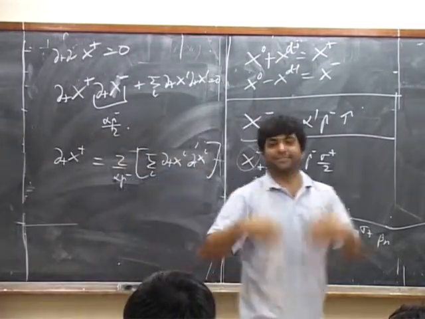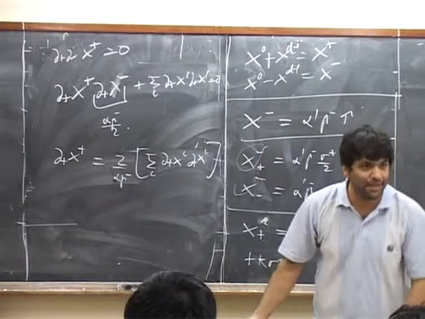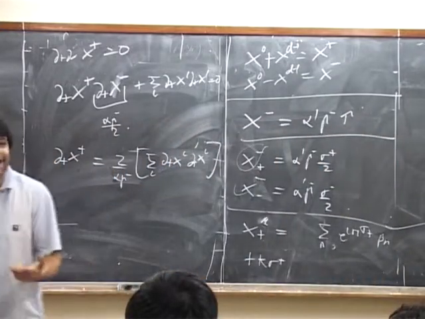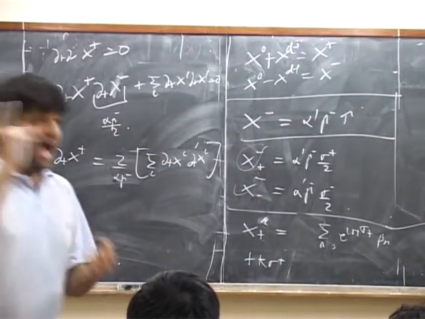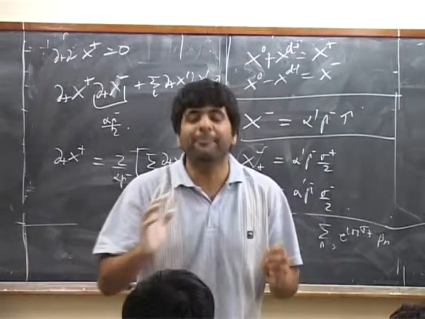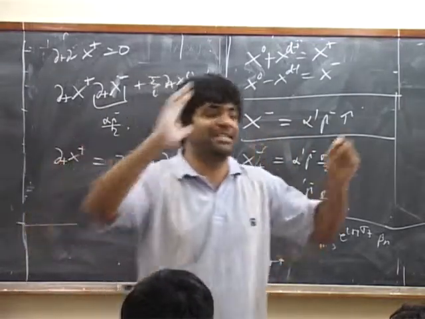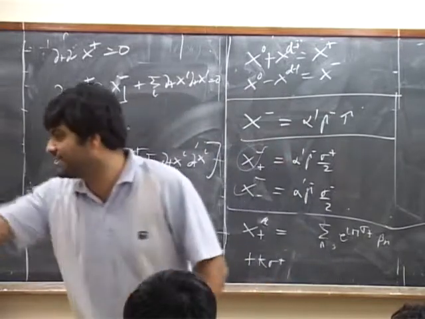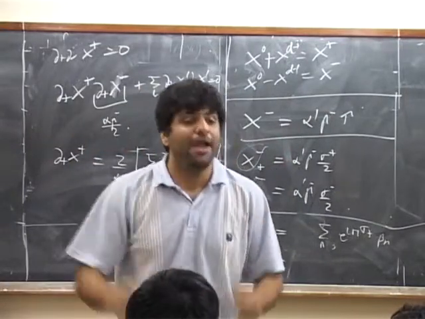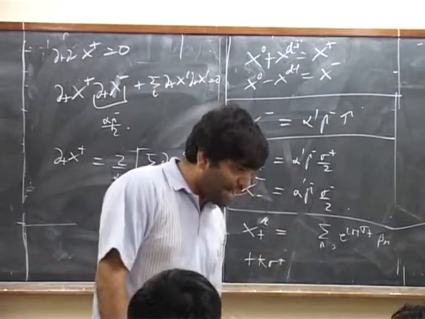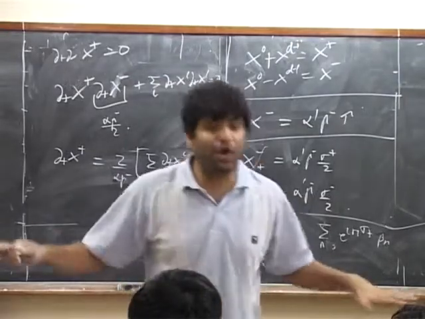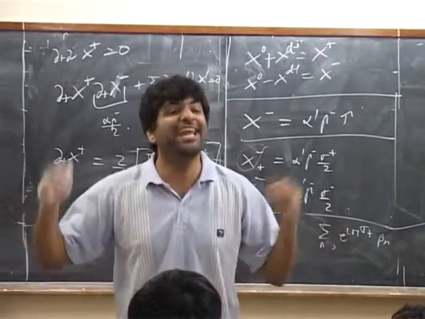The minus part of it obeys the fact that it's a function of sigma minus. So now what have we done? We've used the fact that we know that x plus must be a function of sigma plus and sigma minus only. Put in that fact plus the earlier constraint to completely solve for x plus in this gauge.